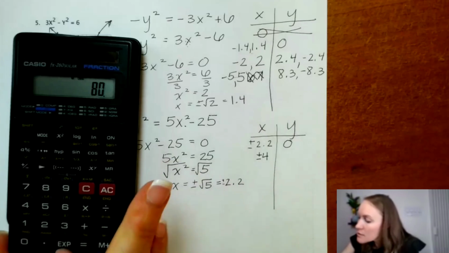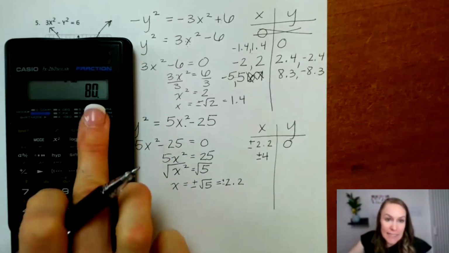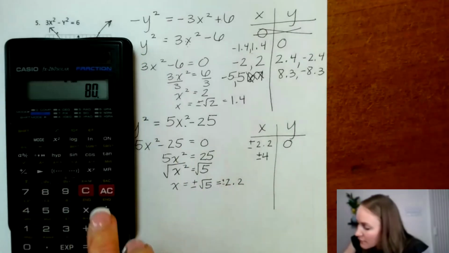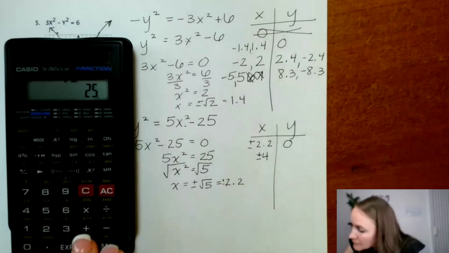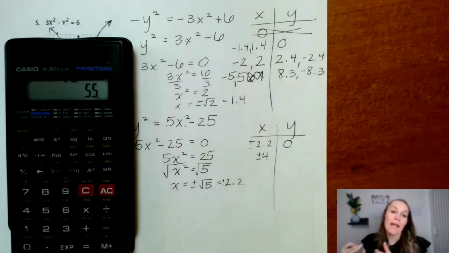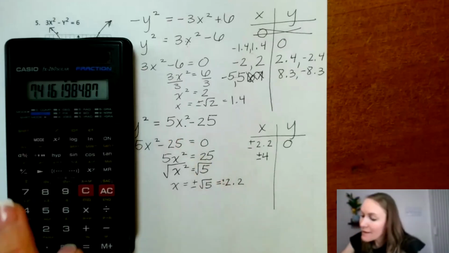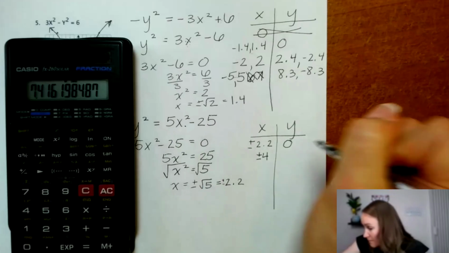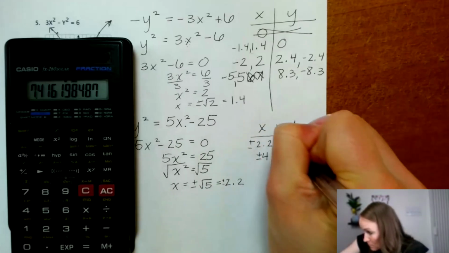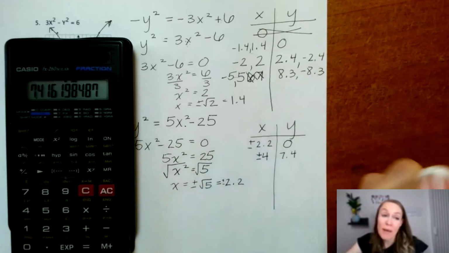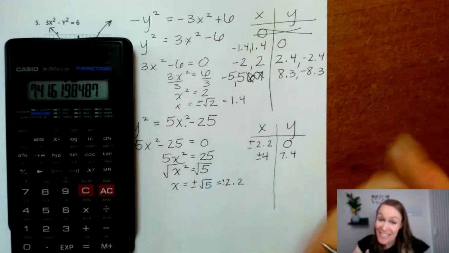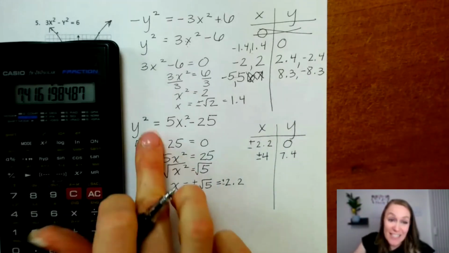So 5 times 16 is 80. 80 minus 25 is 55. And then I need to square root that number. And that gives me 7.4. And remember, it gives me plus minus 7.4 because I did square root.